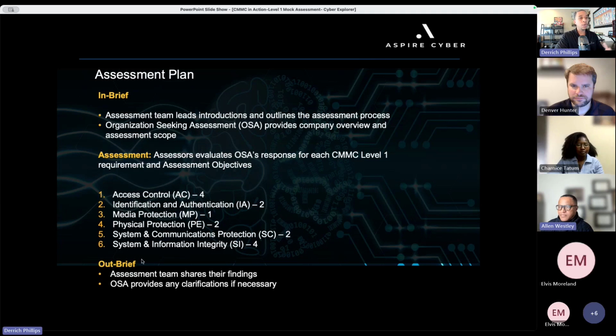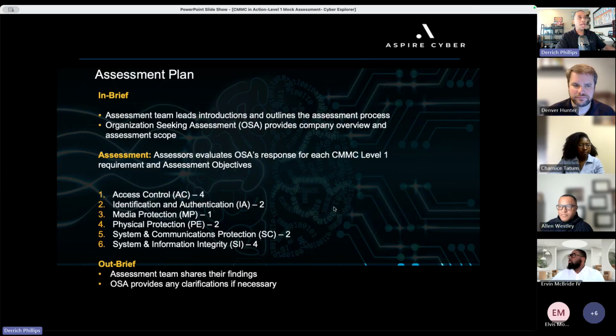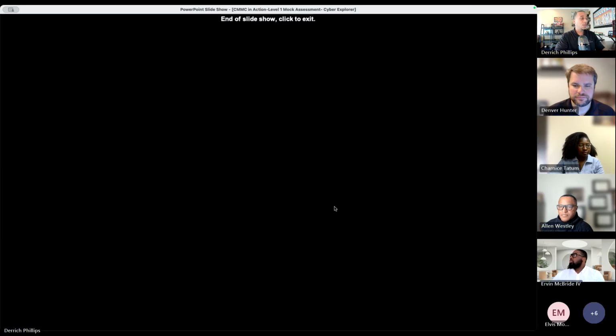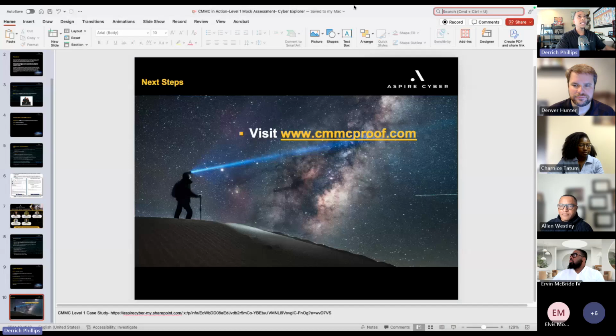And then at the end, we're going to do an out brief of the assessor, sharing if they have any findings, sharing their feedback, and then also give the OSA opportunity for clarification if necessary. But for the purposes of this mock assessment, we're going to aim to leave the last 10 minutes to open it up for questions, feedback from the audience. All right, so with that being said, let's get ready to jump into the assessment.